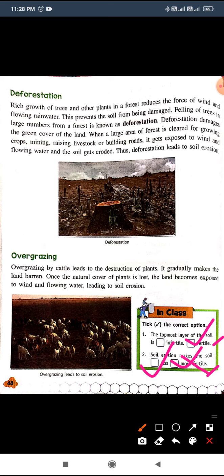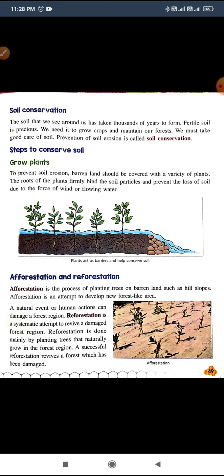Then we have studied soil conservation. Why is there a need to conserve the soil? Because it takes millions of years to form and must therefore be protected and conserved. It is a non-renewable resource, so that's why we need to conserve it.